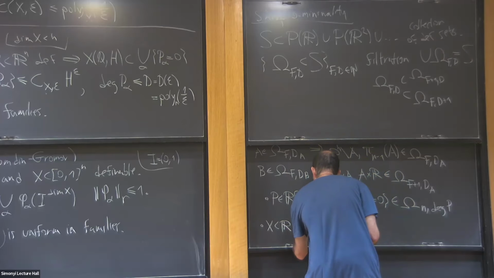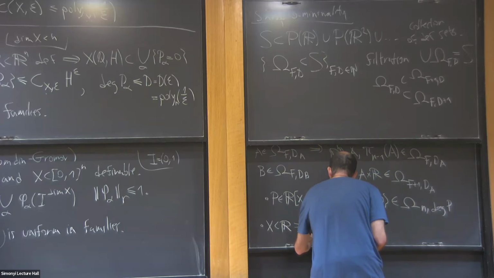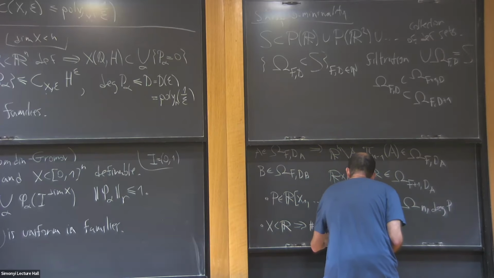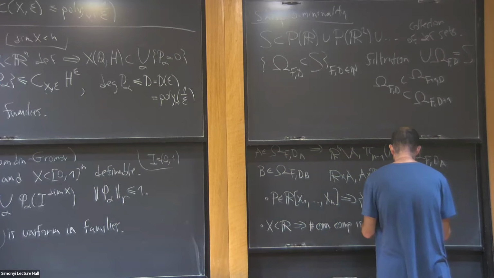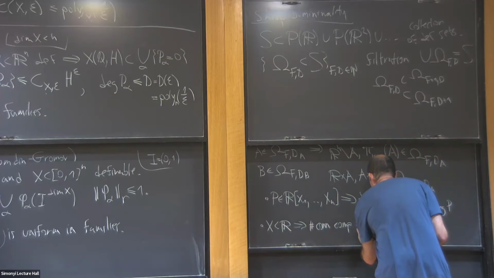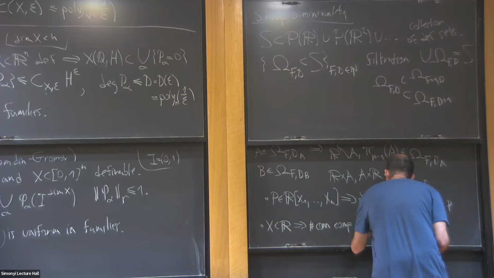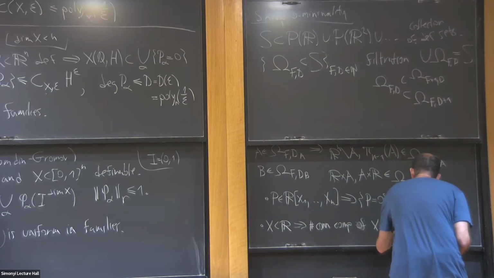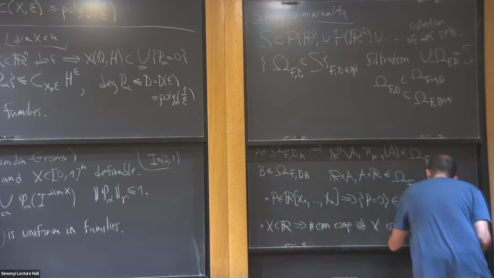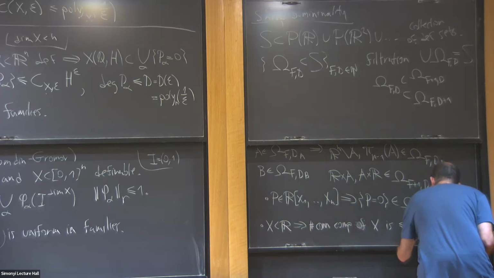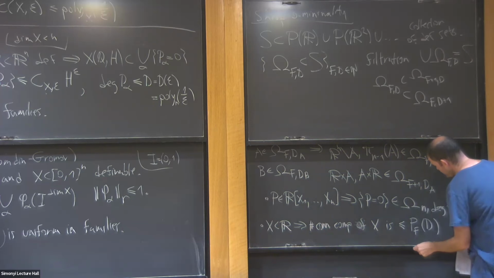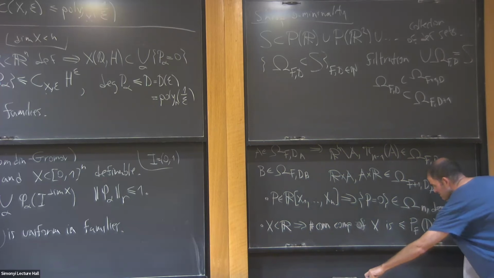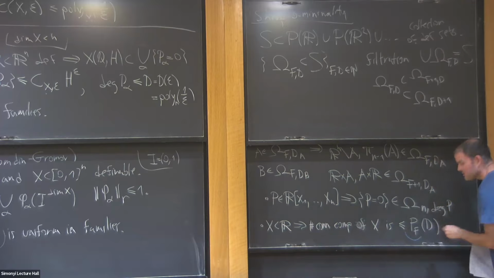We are going to say that the number of connected components of X is less than or equal to some polynomial in the format F and the degree, where these polynomials are part of the structure.